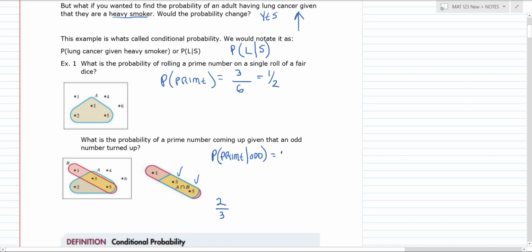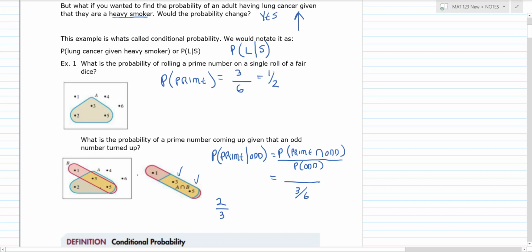Now let me show you how you're going to do these types of problems. It turns out that you look at the probability of the prime intersect with the odd numbers, and then you look at, as your sample space, the probability of odd numbers. In a sense, that's what I just did. So the probability of getting an odd number is 3 out of 6. There are 3 odd numbers out of the 6 possibilities.